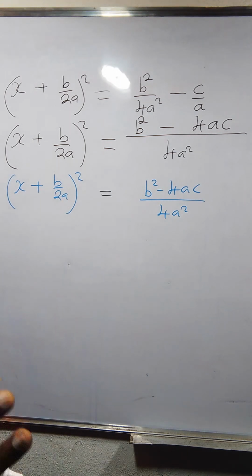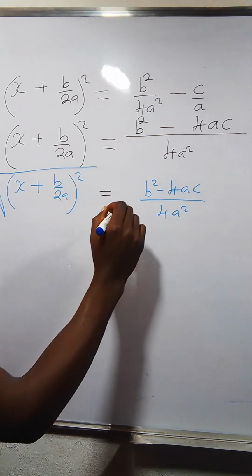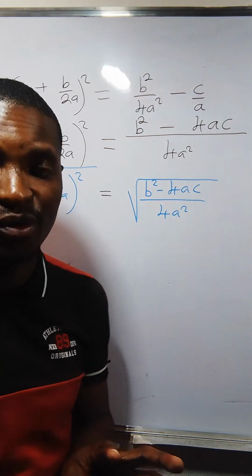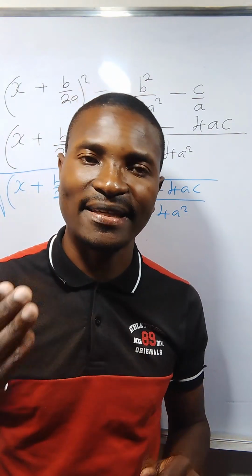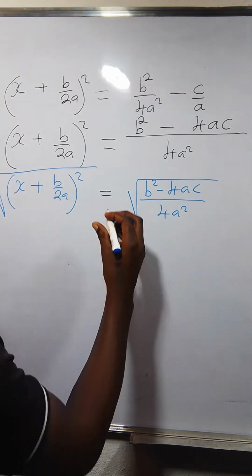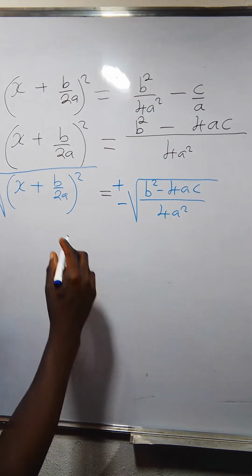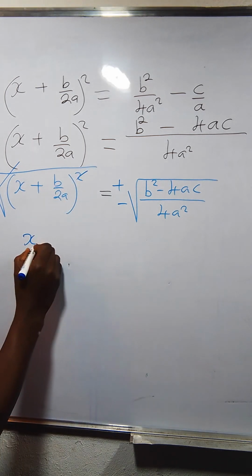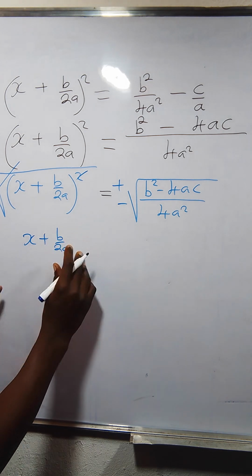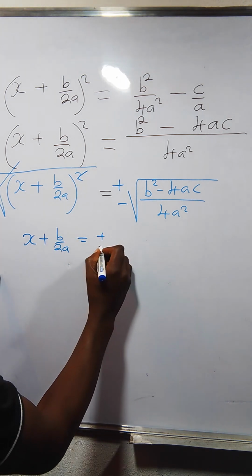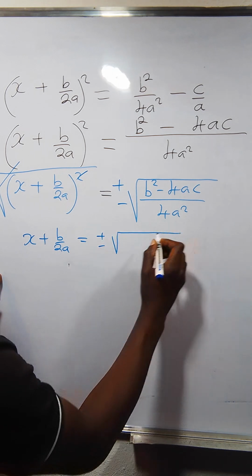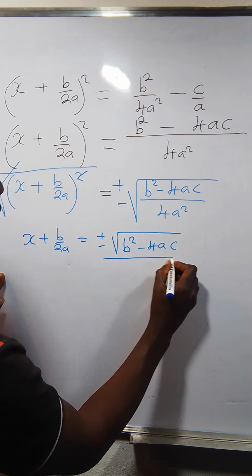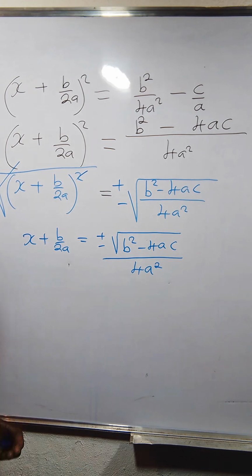At this point, I can apply the square root. The moment I apply the square root, I'm going to introduce the signs, plus or minus. The square root and this square cancel. Then this is going to give me x plus b over 2a equals plus or minus the square root of b squared minus 4ac over 4a squared.